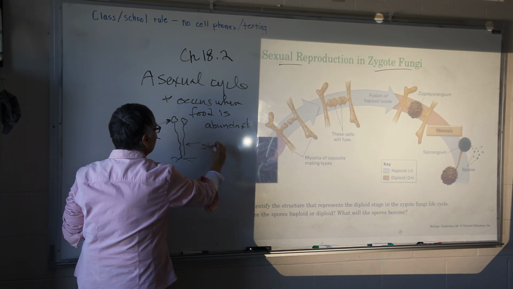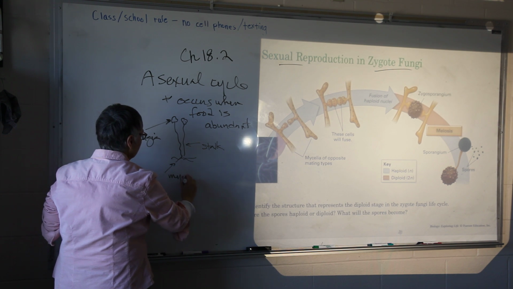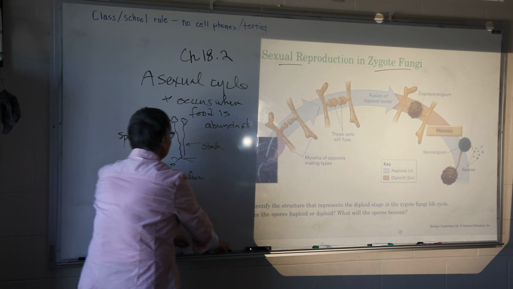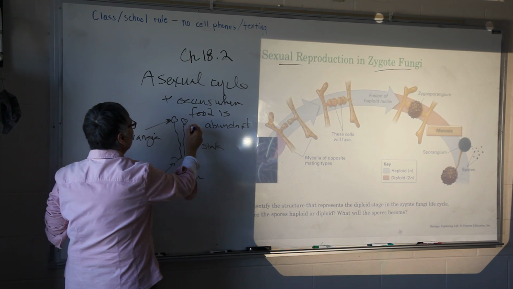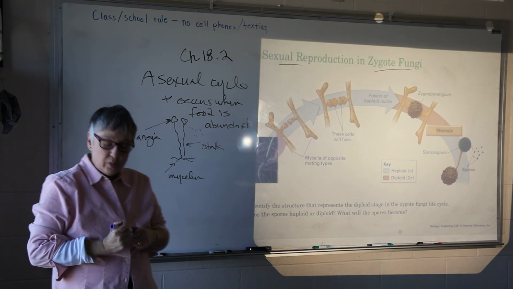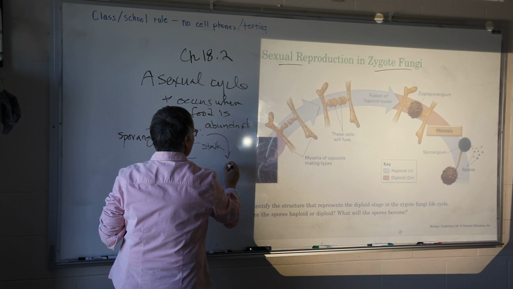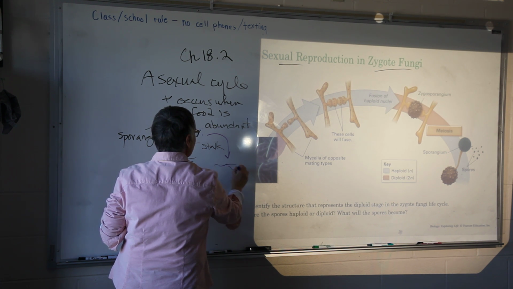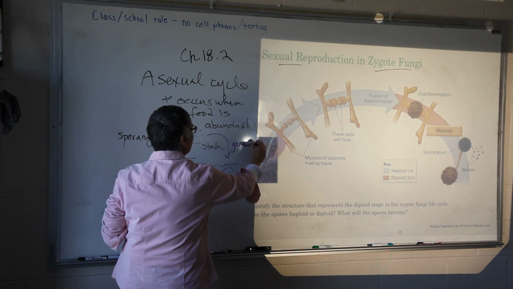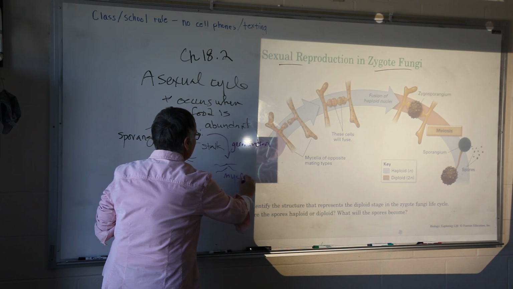This is the stalk. This is the rest of the mycelium. Spores will be released by wind or rain from the sporangium, and those spores can germinate. So this is germination to produce more mycelium.